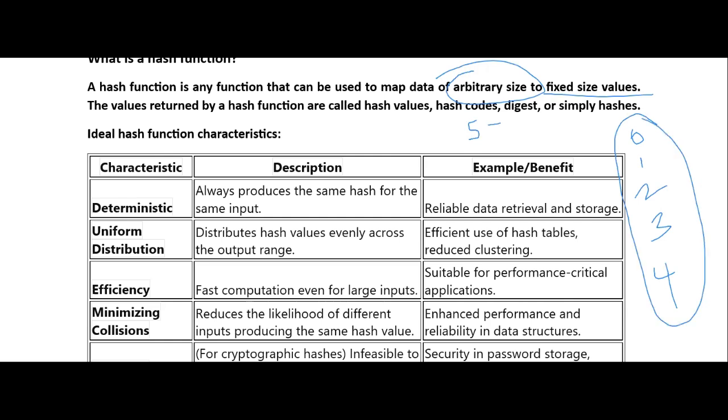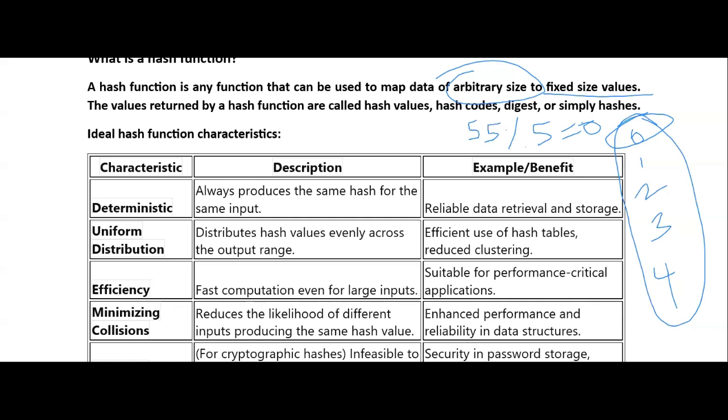Say I have a key of 55. 55 mod 5 will give me a 0, so I'll put the value at the 0th location. Whatever the value, it should be mapped only within the available indexes. This is what is called a hash function.